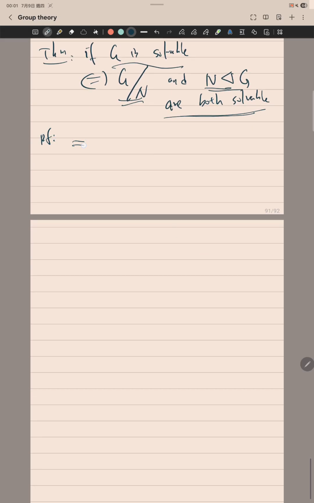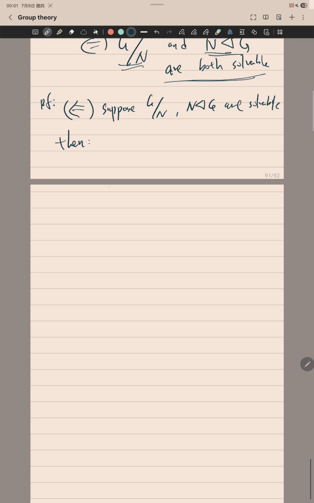So proof. This direction is much easier. We suppose G quotient N and the subgroup N are solvable. Then, say this is G, and you can construct a map, right? The quotient map G to G quotient N, and this projective map will give you the trivial group.